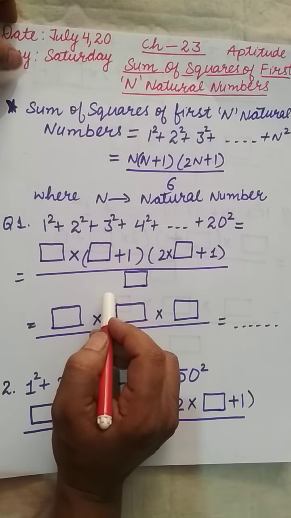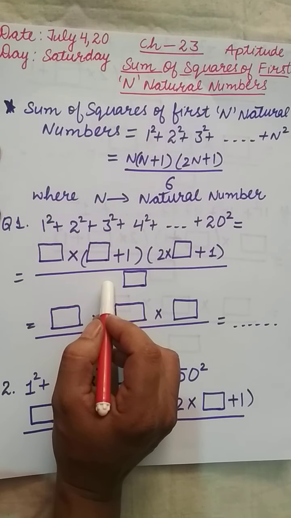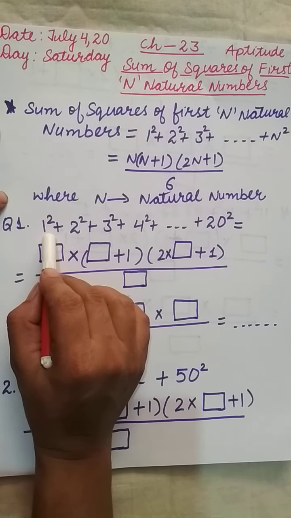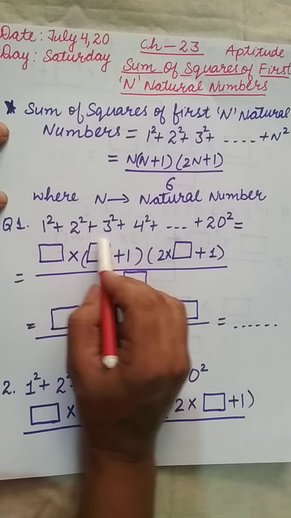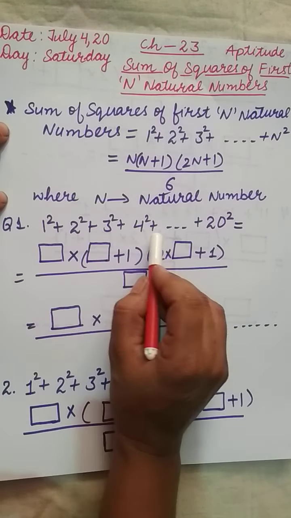Now the questions given to us are: question number 1 is square of 1 plus square of 2 plus square of 3 plus square of 4 plus up to so on plus square of 20. If you compare this question with this formula, you can see that instead of n, here 20 is written.